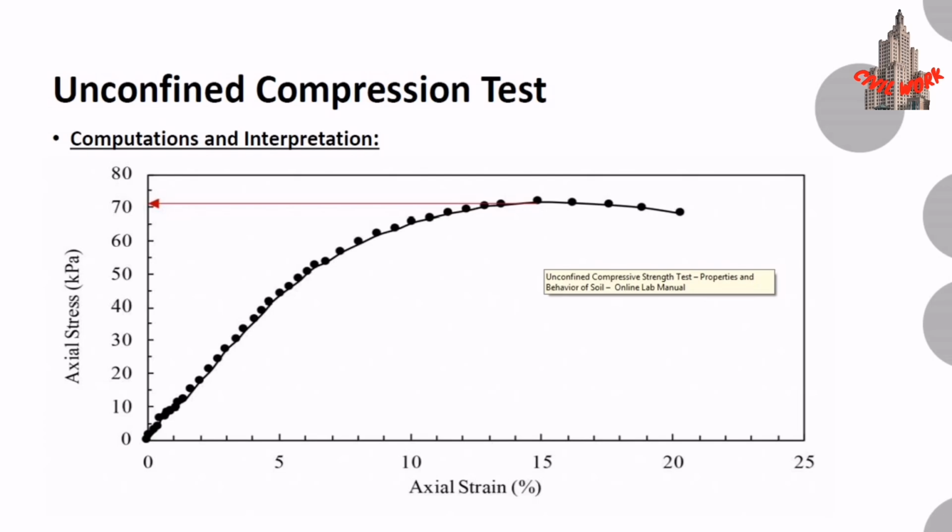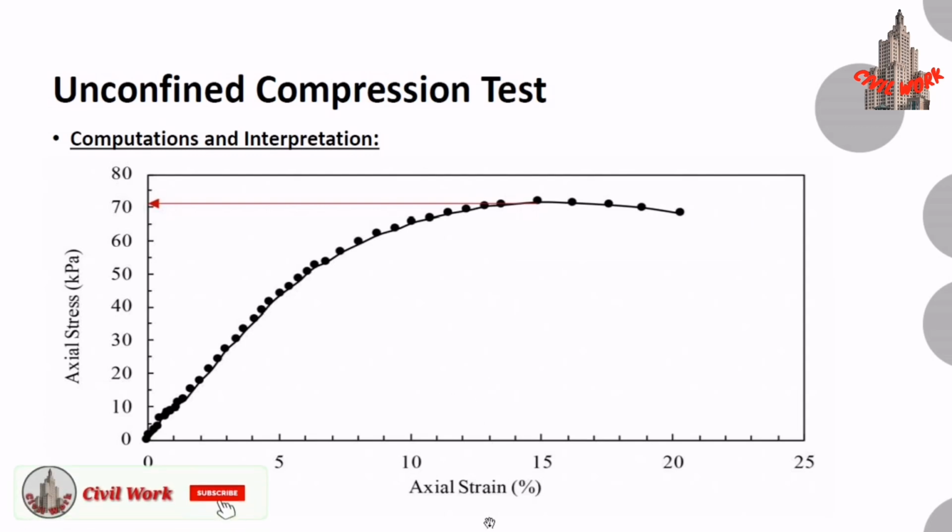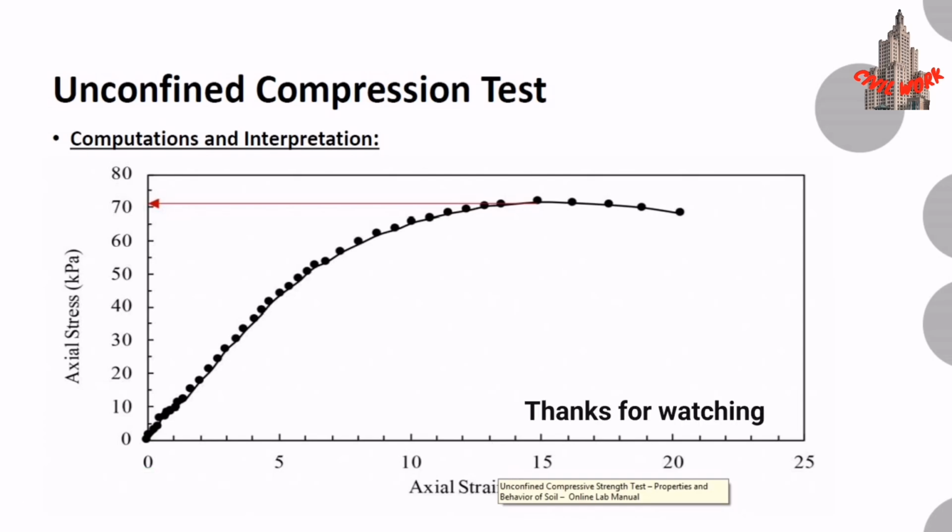The stress is the force applied per unit area, measured in pascals or pounds per square inch, whereas the strain is the deformation or change in length per unit original length, expressed as a dimensionless ratio. Here the peak value denotes the QU, which is the unconfined compressive strength, which when divided by 2 will give the undrained shear strength.